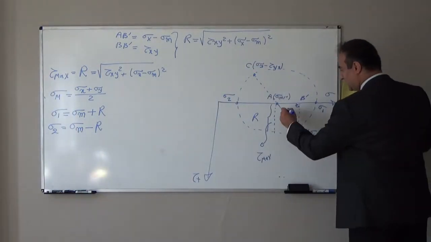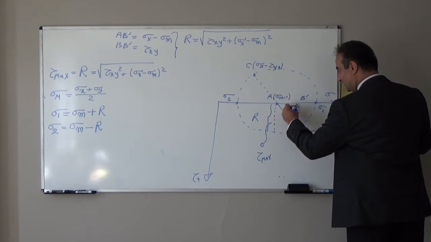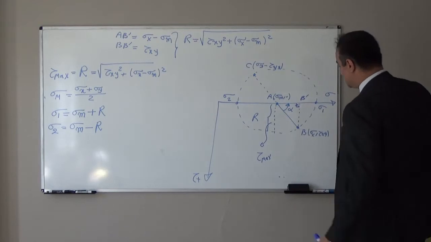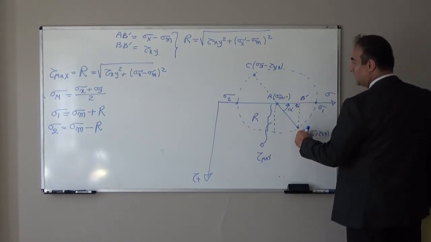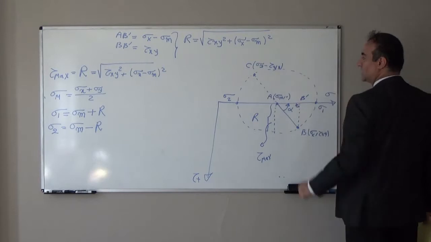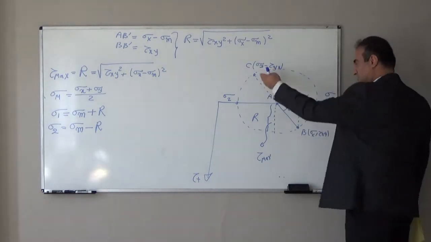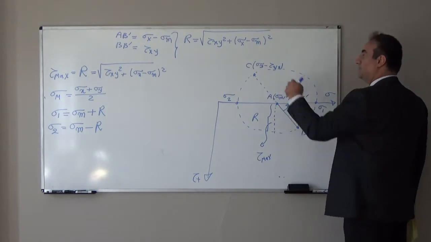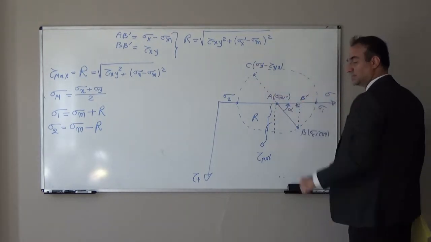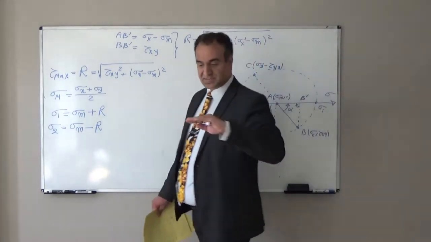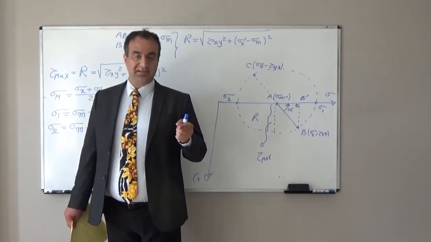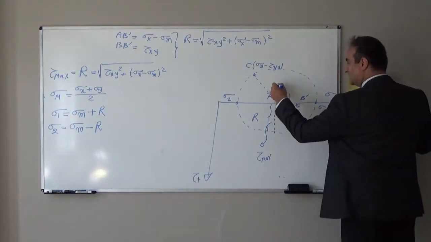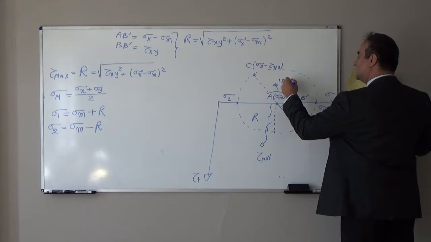So if I call this angle alpha, look here: from B, if we want to reach C, it is a straight line. So the entire angle we should rotate from B to C is 180 degrees.